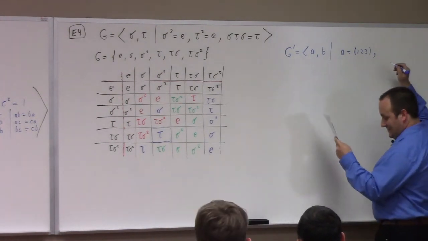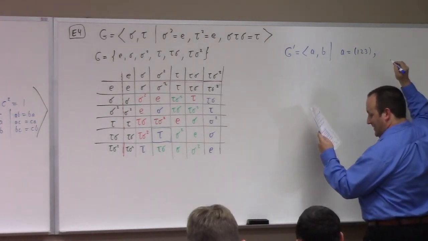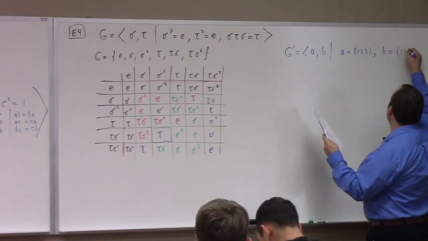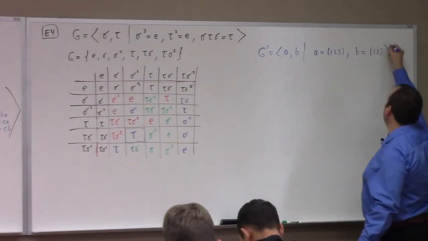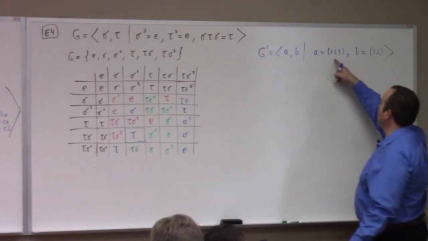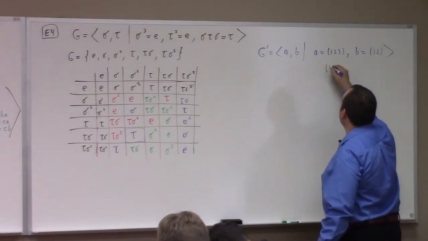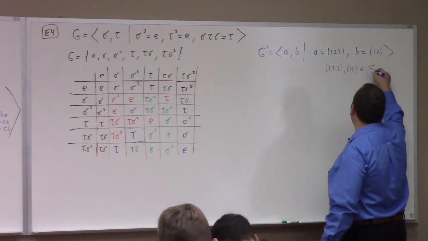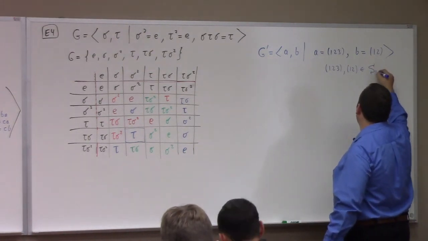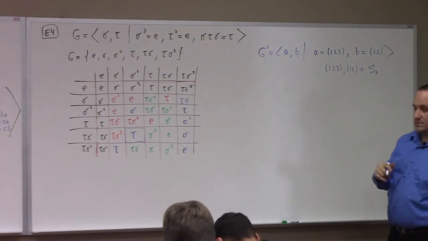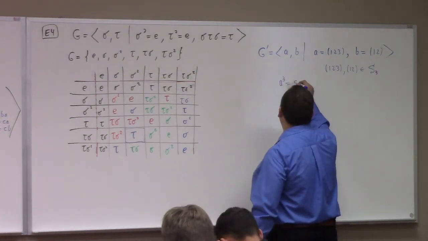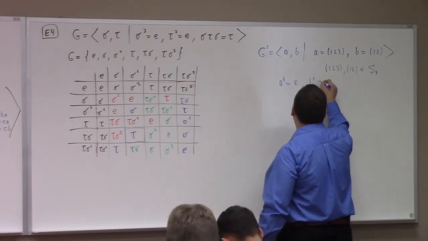It's a secret. A equals (1 2 3), and B equals (1 2). I'm saying that these, (1 2 3) and (1 2), are elements of S3, okay? You can show that, in fact, A cubed is epsilon. You can show that B squared is epsilon.